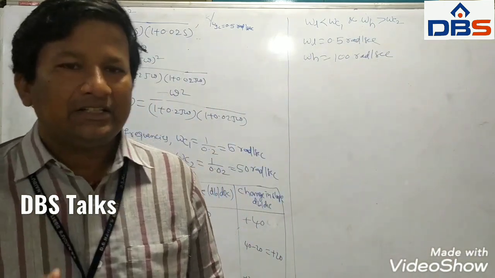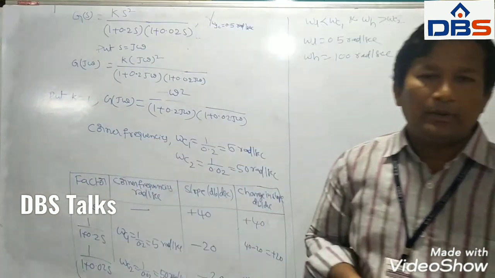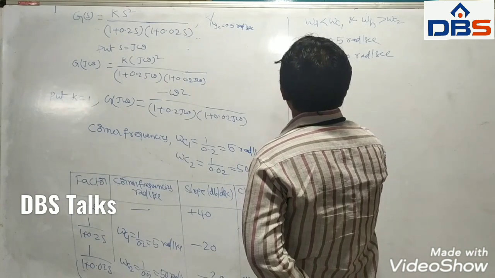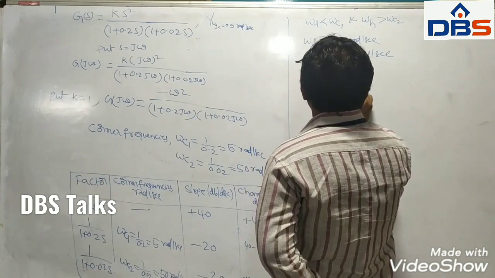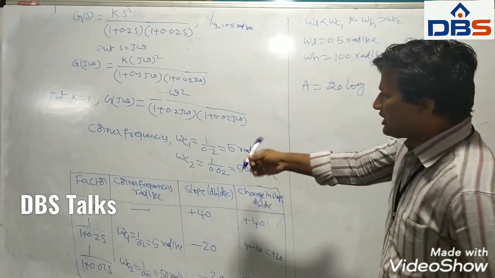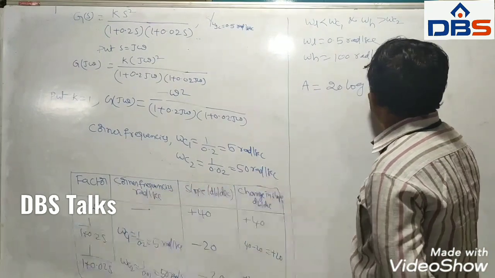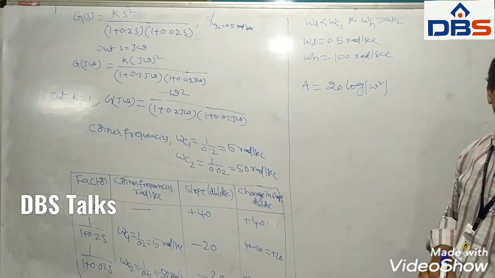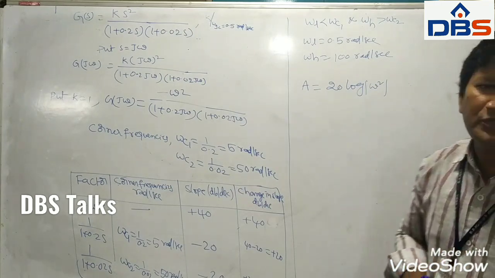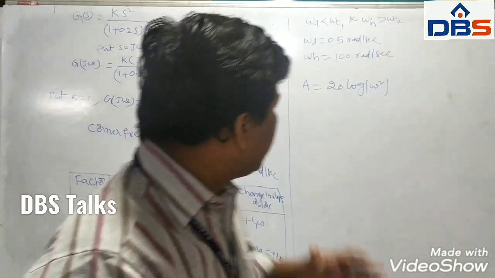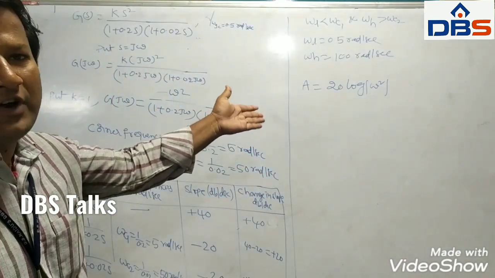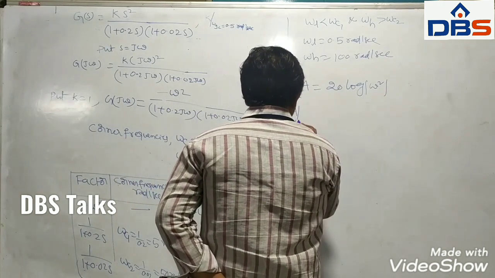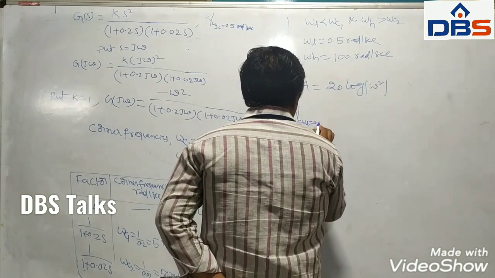Calculate the magnitude. So let us assume here magnitude A equal to 20 log of the first term. What is the first term? Omega square. So 20 log omega square. For the first two slopes we have to calculate the gain. So by using this formula, 20 log first term, that is the gain at omega equal to omega L, which is equal to 0.5.